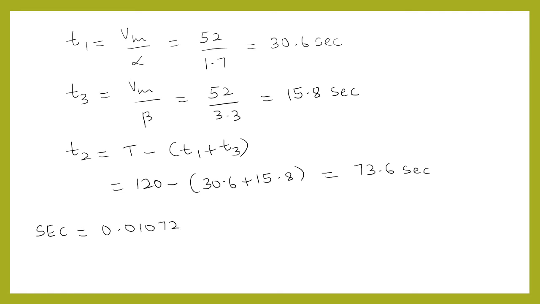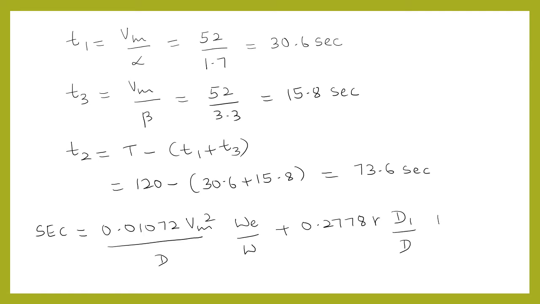Next, we have the specific energy consumption given by the equation 0.01072 Vm squared by D into We by W plus 0.2778 R D1 by D, in watt hour per ton kilometer.